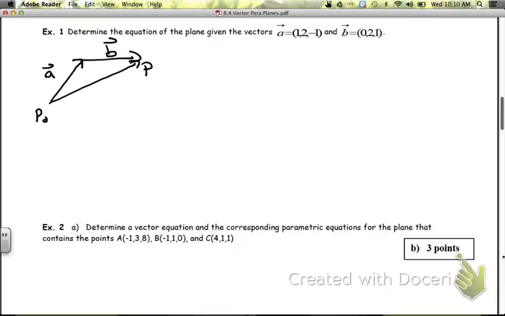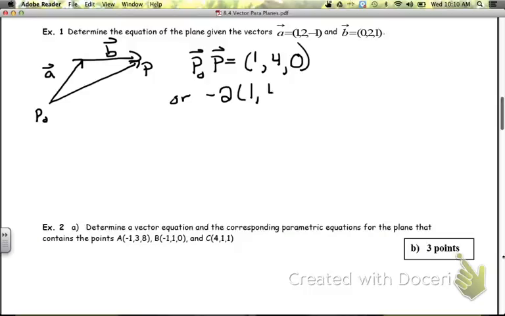Since we know a and b, we're able to find P naught P, which is just 1, 4, 0. Or we can take a scalar of that and multiply it by -2 times our 1, 4, 0, which gives us -2, -8, 0.